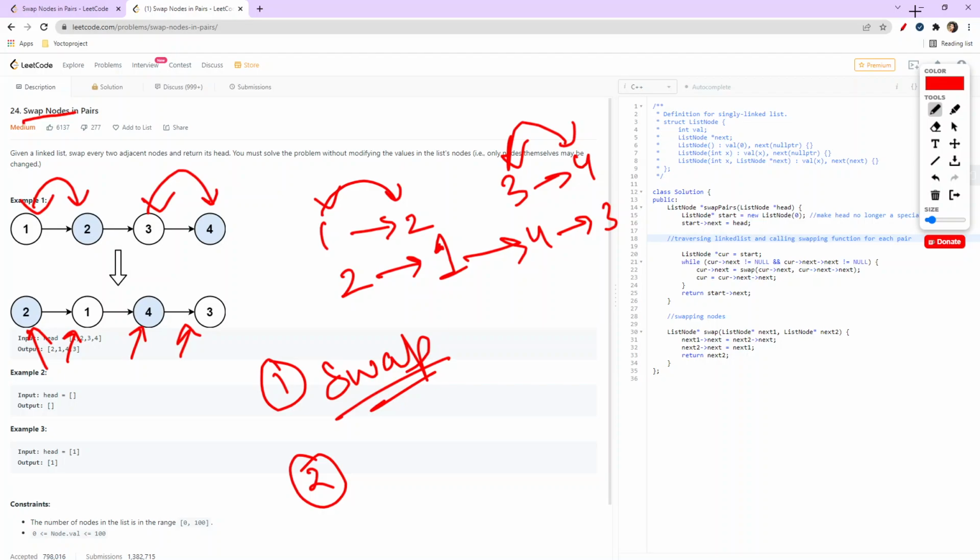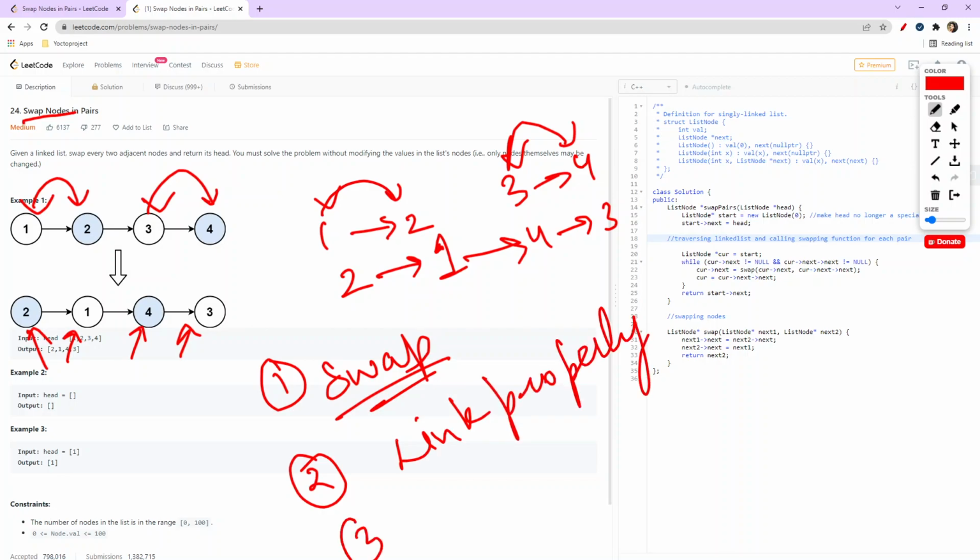After swapping them, the links should be maintained in a proper manner, right? That means when we swap 1 and 2, then it becomes 2 and 1. So 1 should simply point towards 4 and 3 rather than 3 and 4. So this is what I am saying, that we are required to link them properly.